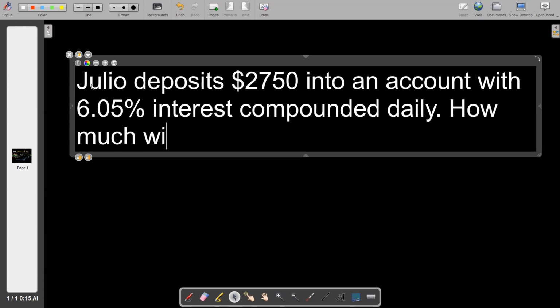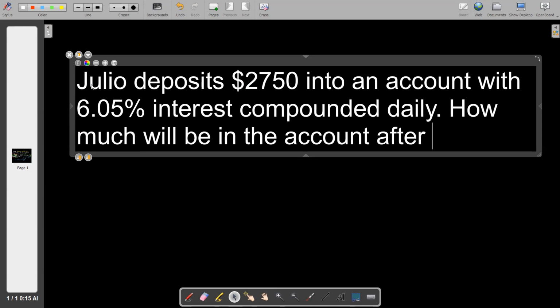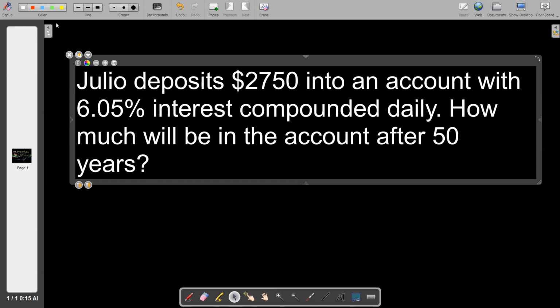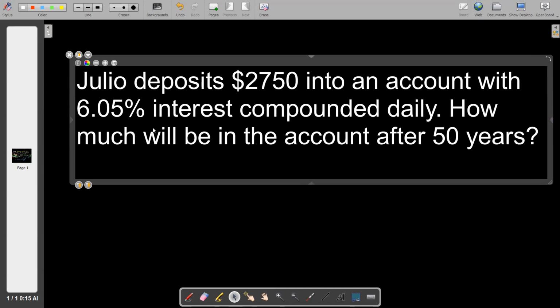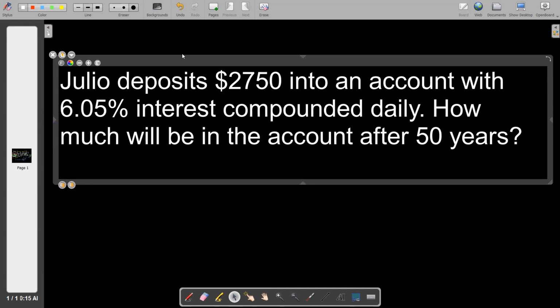How much will be in the account after 50 years?